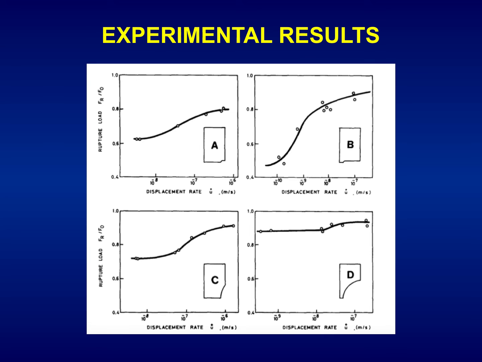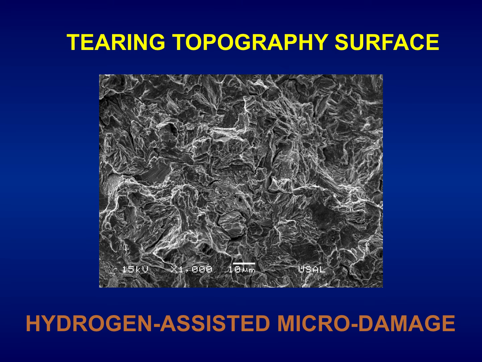With regard to the fractographic appearance of the hydrogen-assisted micro damage, this is the so-called tearing topography surface, evidence of hydrogen-assisted micro damage in pearlitic microstructures. When we deal with pearlite, the effect of hydrogen at the finest micromechanical level is as follows.